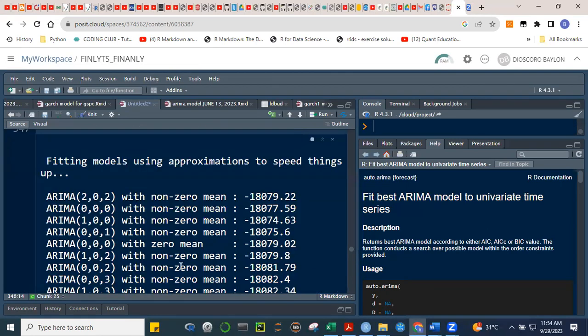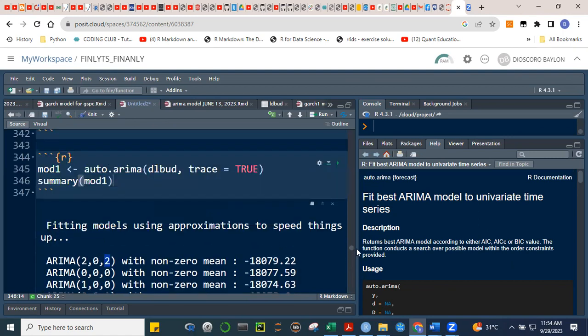So you have here, for example, ARIMA 202. It included an AR component and an MA component, which also makes sense because there seem to be significant spikes; the AR comes from the PACF, and the MA component comes from the ACF. This one is with non-zero mean, and then you have this AIC of negative 18079.